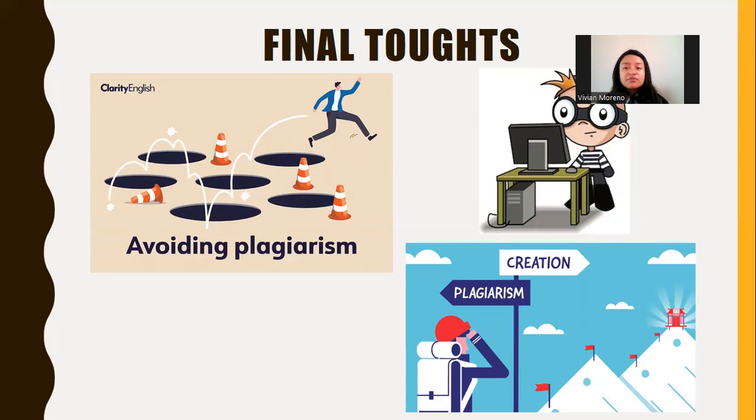Now, what are my final thoughts? The first thing is to avoid plagiarism. Now that we already know what this is about, the different types and so on, we don't have any excuses to commit plagiarism, right?